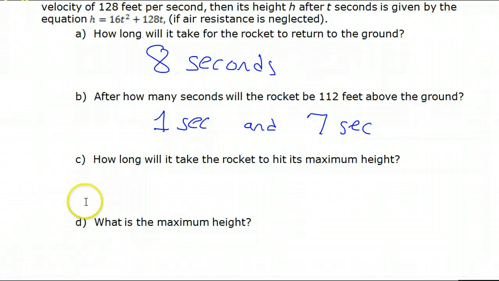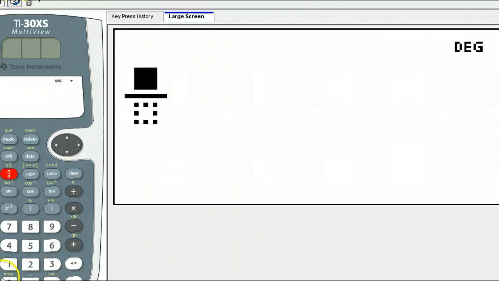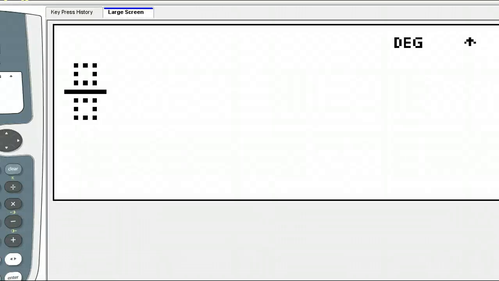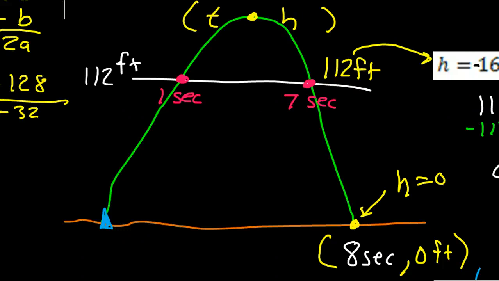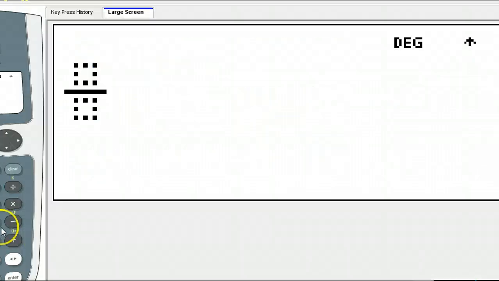A negative divided by a negative is a positive, so 128 over 32.